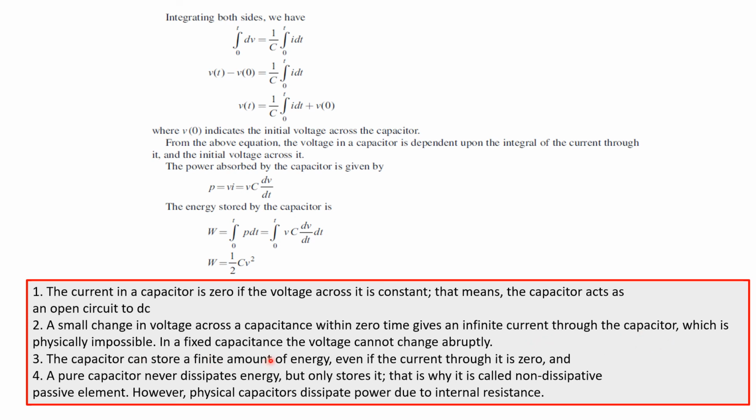In a fixed capacitance, the voltage cannot change abruptly. The capacitor can store a finite amount of charge even if the current through it is 0, and a pure capacitor never dissipates energy but only stores it. That is why it is called a non-dissipative passive element. However, physical capacitors dissipate power due to internal resistance.